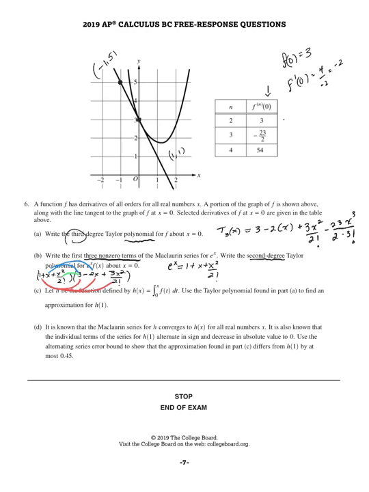So first, when I distribute the 1, I get 3 minus 2x plus 3x squared over 2 factorial. Now I'm going to distribute the x. Plus 3x minus 2x squared. Then I'm going to distribute the x squared over 2 factorial.